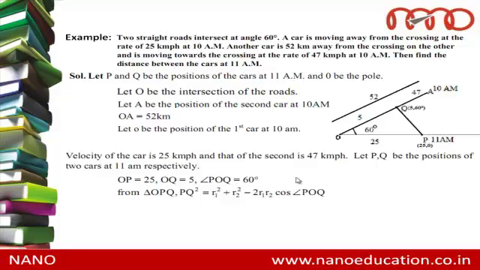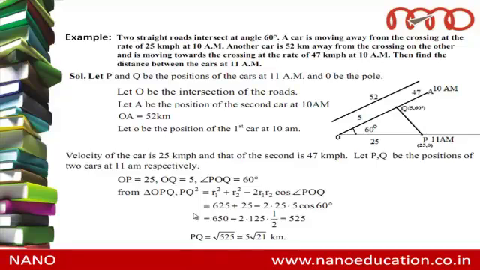We can now apply the distance formula to get PQ square. PQ square is given by R1 square plus R2 square minus 2 R1 R2 cos angle POQ. R1 is 5, R2 is 25, cos angle POQ is cos 60. Substituting, we have PQ square to be 525, or PQ to be 5 root 21 kilometers.